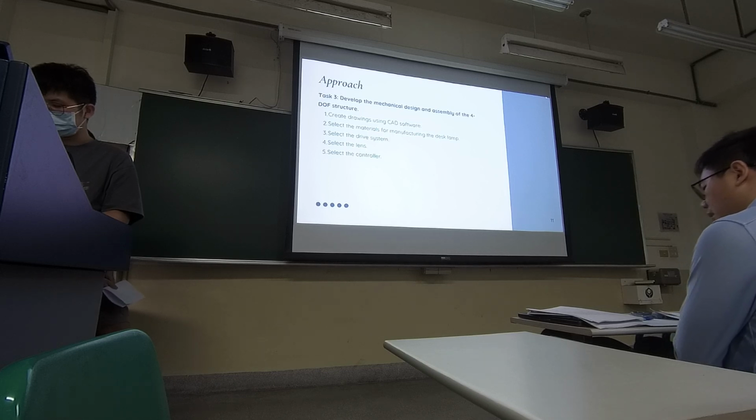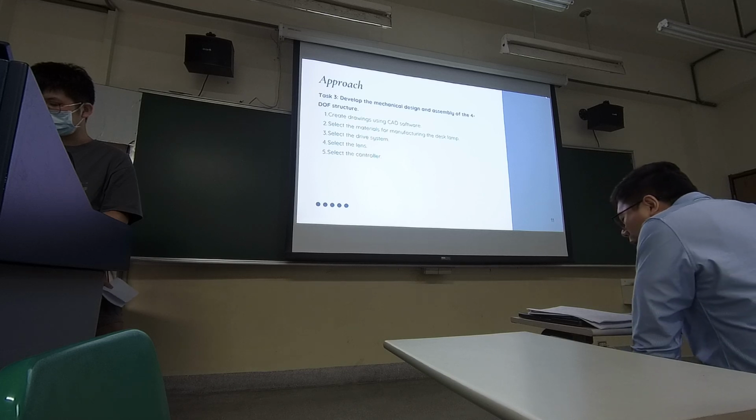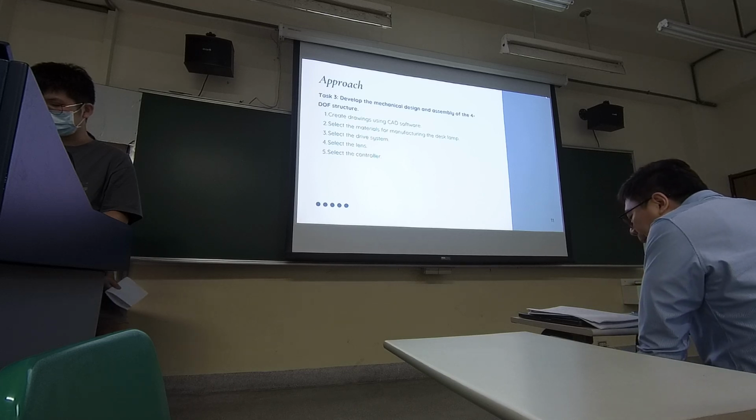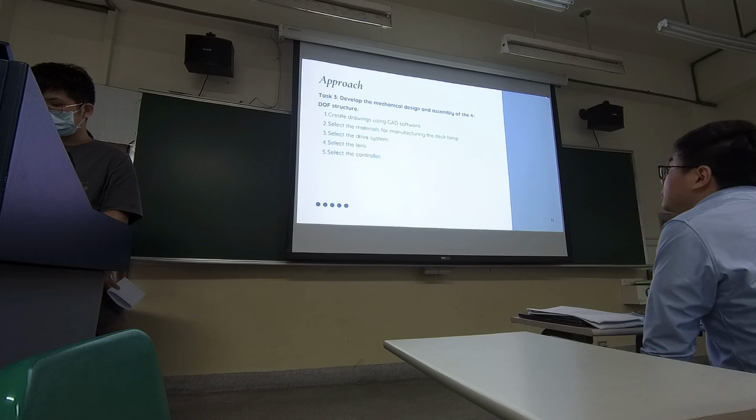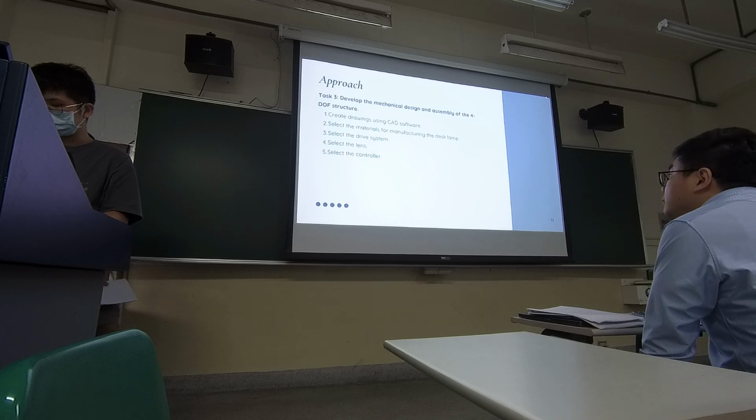Next, we will select the metal rods that are lightweight, strong, and durable to ensure stability and longevity of the lamp. Finally, we will choose the drive system to control the movement of the lamp stand, ensuring smooth operation and flexible adjustment.